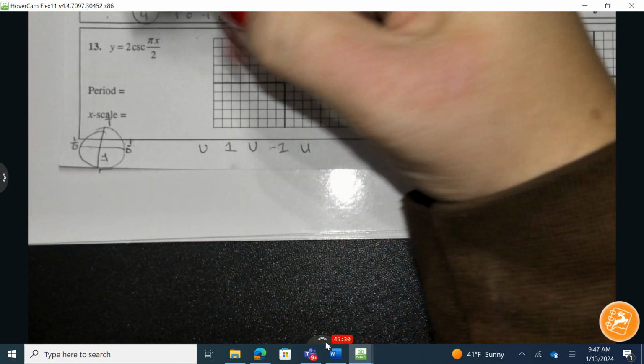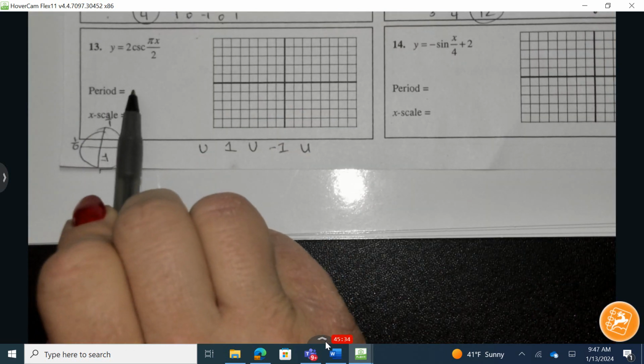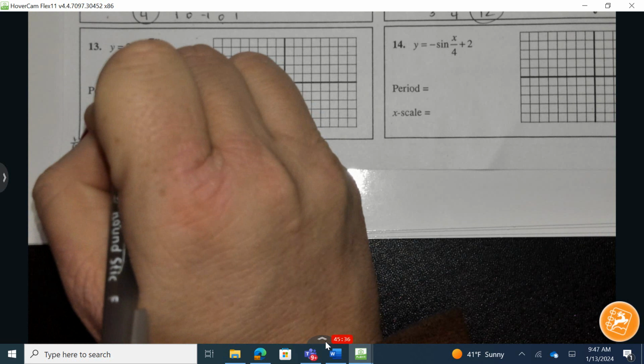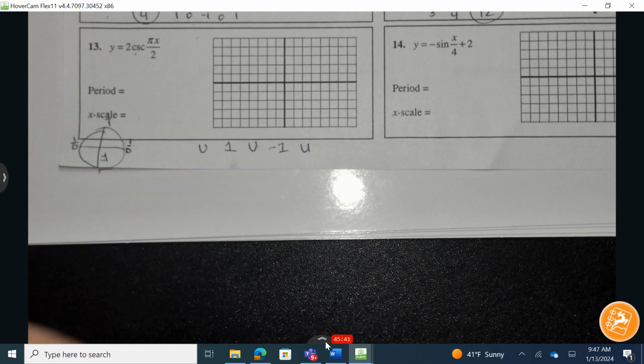I've taken care of adjusting what this looks like, but now I need to identify the period in the x scale. Sine and cosine and their reciprocals will all have a period length of 2 pi.